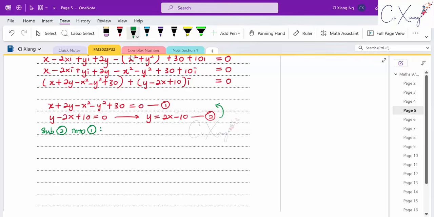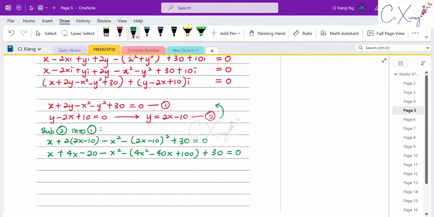When I substitute equation 2 into equation 1, I have x plus 2 times 2x minus 10, minus x squared, minus y squared, so 2x minus 10 then squared, plus 30 equals 0. Continue, expand everything: 4x squared minus 20 times 2, 40x, plus 100, then plus 30 equals 0.